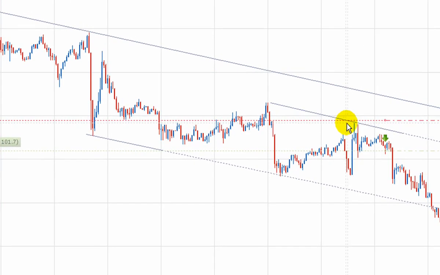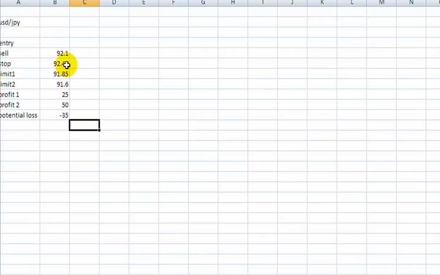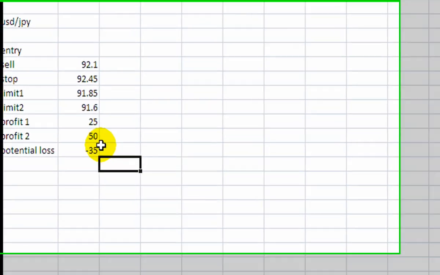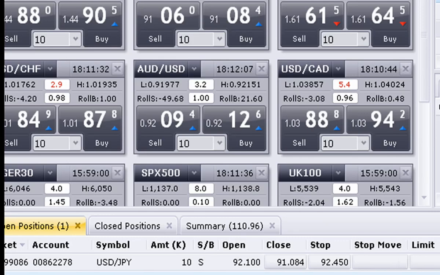This is my stop. One trade is still open. I booked the first profit at 25 pips, with the limit at 91.85. The second limit was at 91.6, capturing 50 pips additional. And I left the third lot as an open trade. So I had a potential loss of 35 pips per lot. It was an easy trade for me.